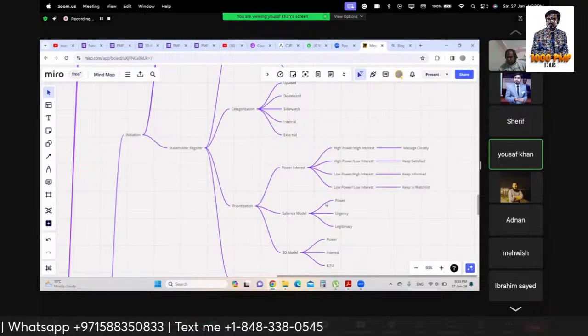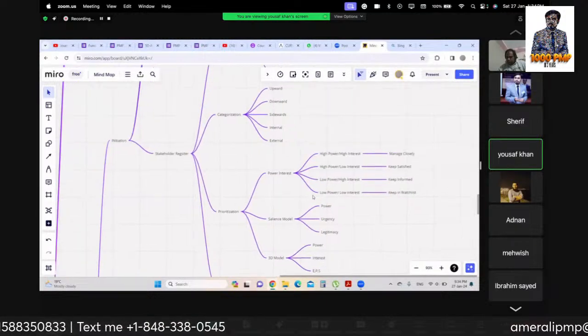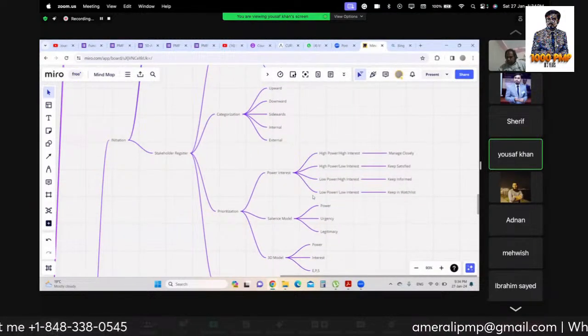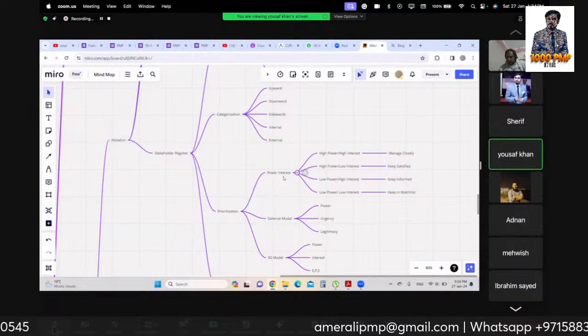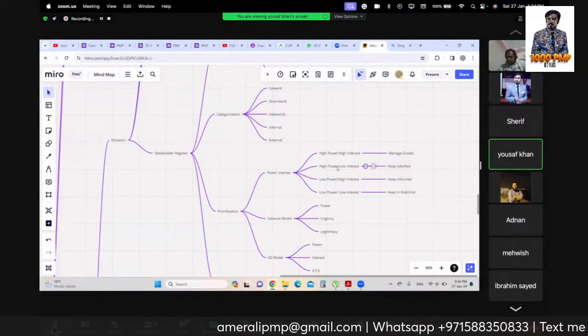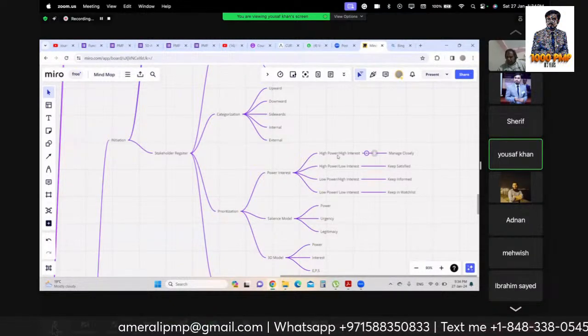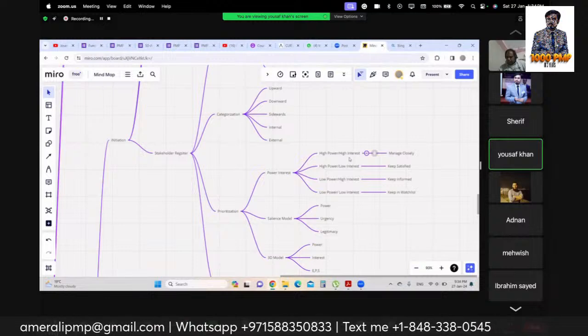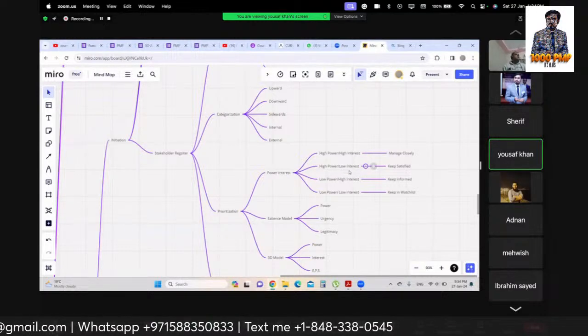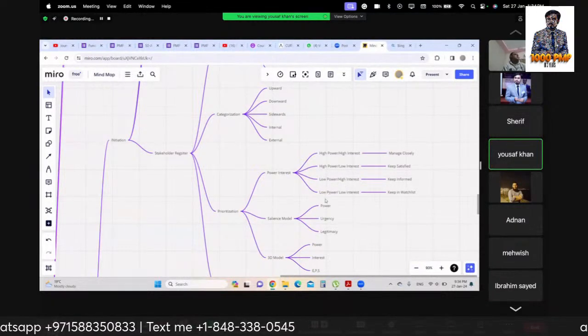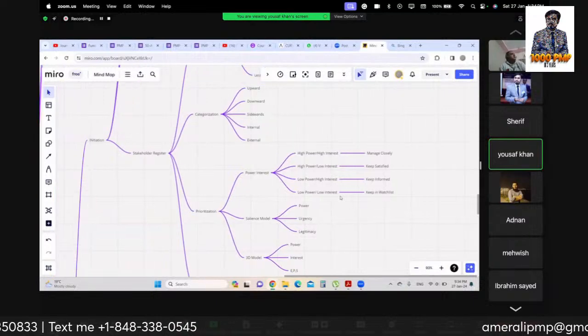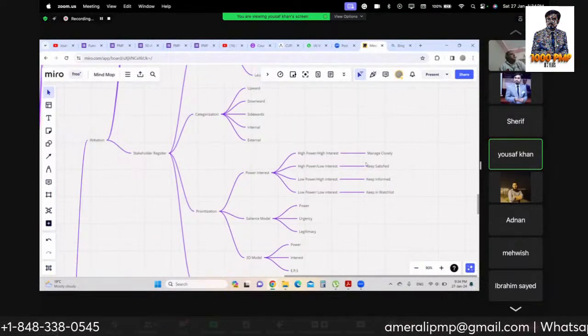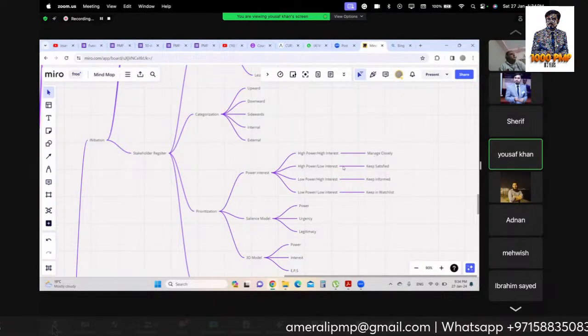We have number one and the most important one is the power and interest grid, where we see who have high power and high interest, who have high power, low interest, who have low power, high interest, who have low power, low interest. Whoever have high power, high interest, we have to manage them closely.